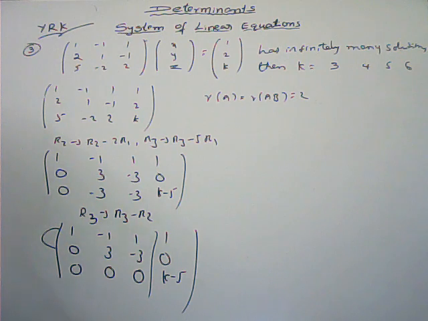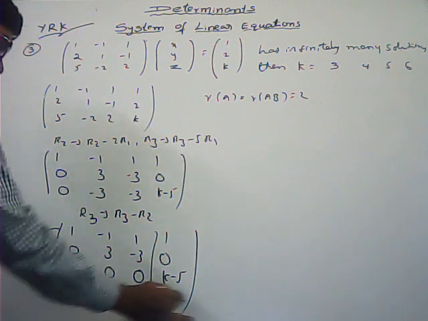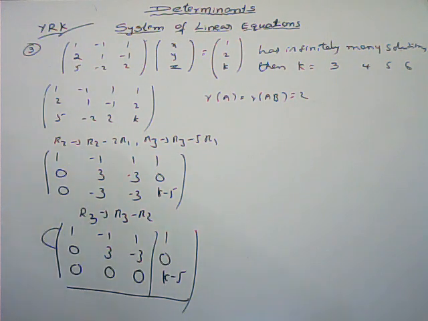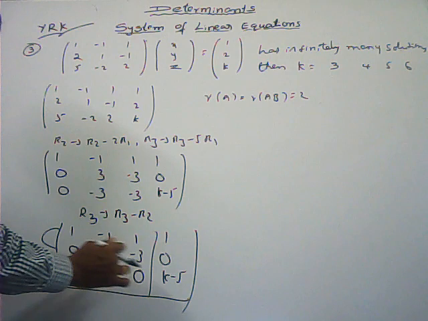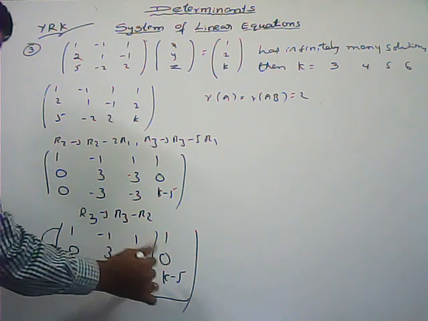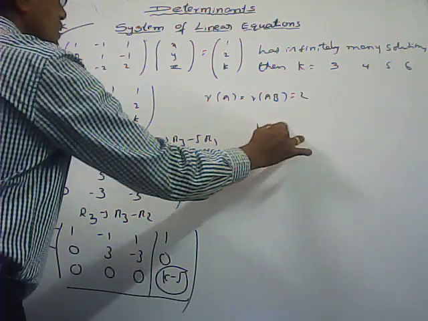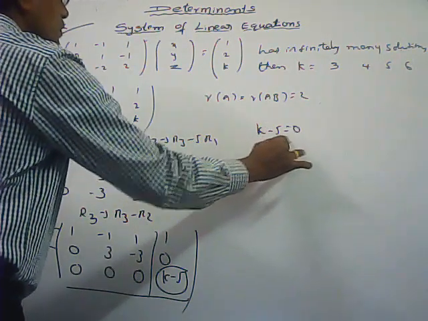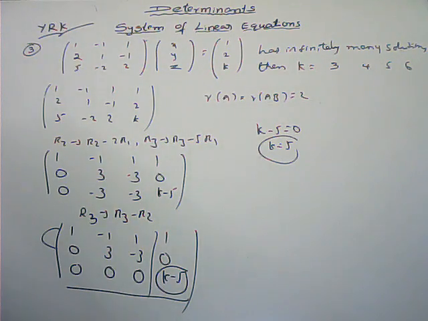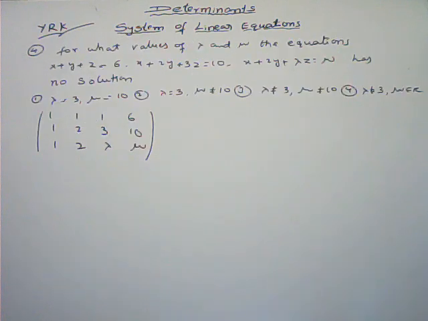For infinitely many solutions, the rank of the total augmented matrix must also be 2. So k − 5 should be equal to 0, k = 5. For k = 5, the system of linear equations has infinitely many solutions.